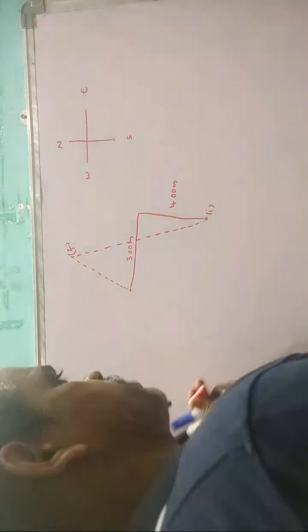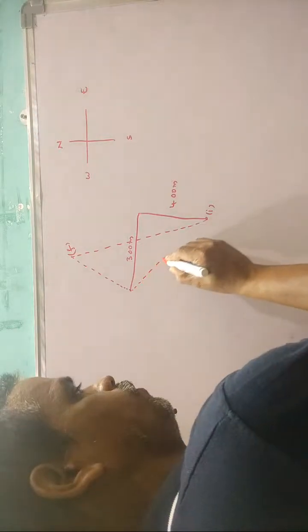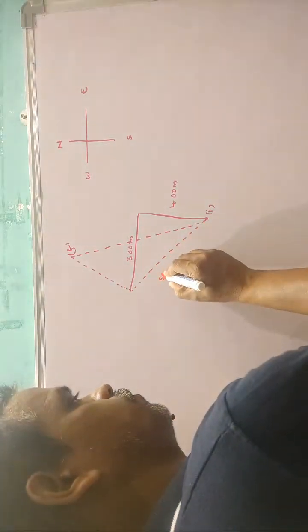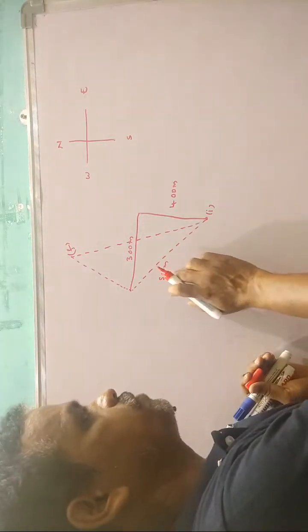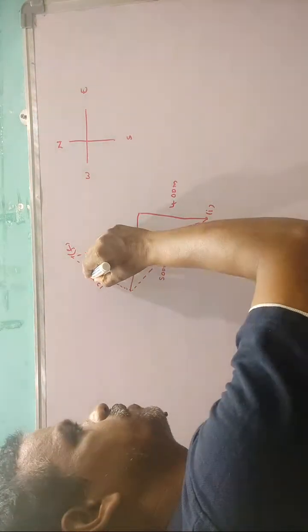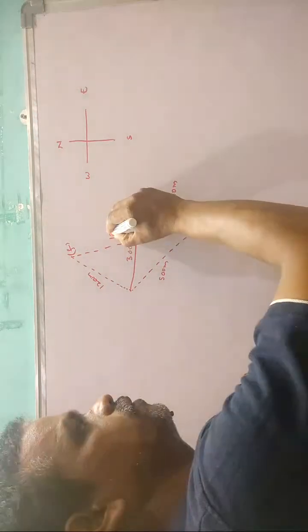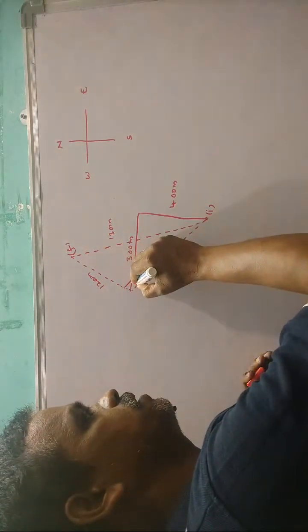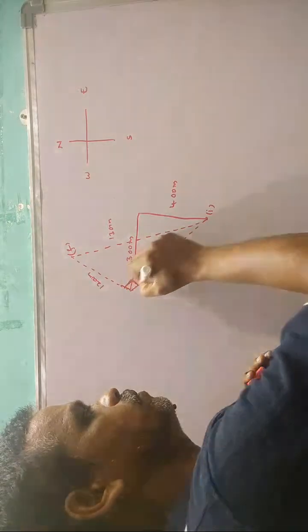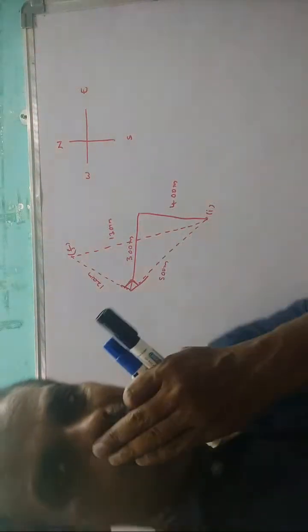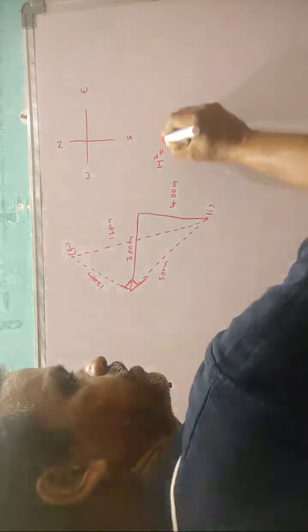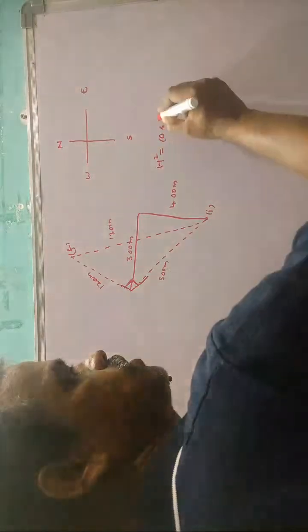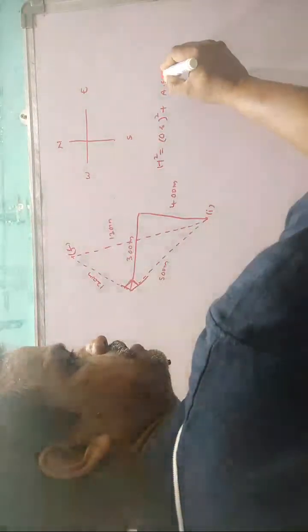So from the first triangle we are calculating here 500 meter. So this is 500 meter, this height is 1200 meter, then this will become 1300 meter. So here it is perpendicular to this one. So by using Pythagoras law, hypotenuse square equal to opposite side square plus adjacent side square.